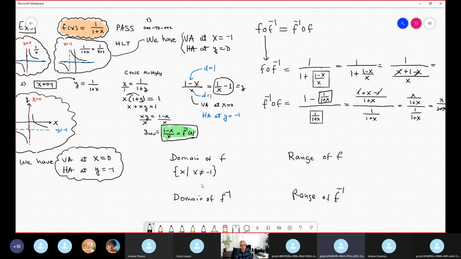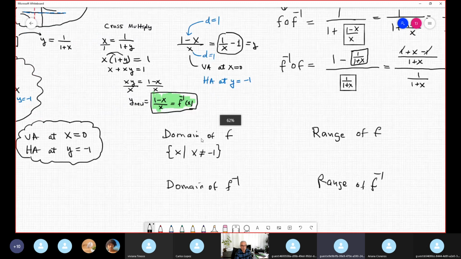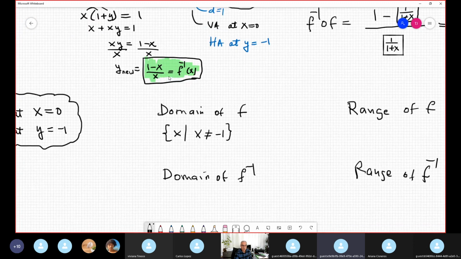The only illegal value, the violation of the algebra, is -1 because -1 plus 1 is 0, and division by 0 is undefined. I suppose you understand this very well because we practice a lot of problems like this. And what is the domain of the inverse? Oh, it's easy also because I take the denominator, I don't care about the numerator. So it's x such that x is not 0.